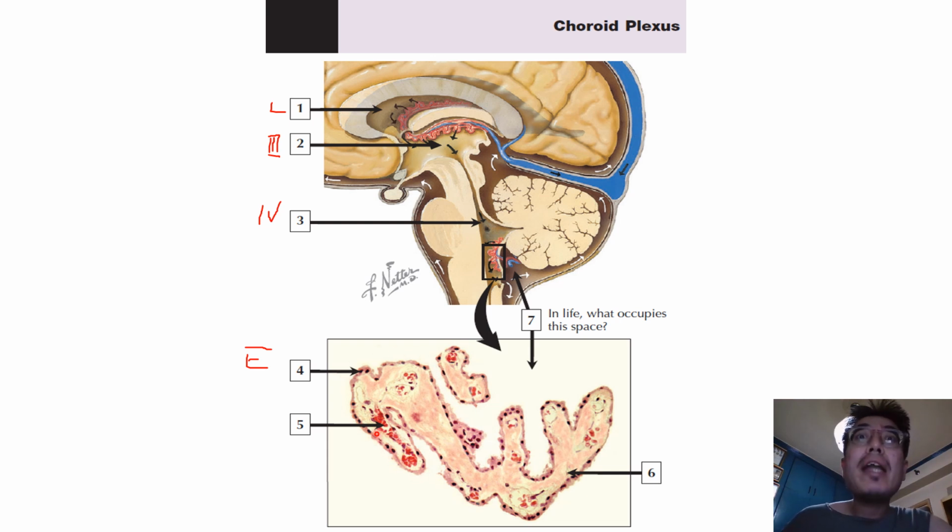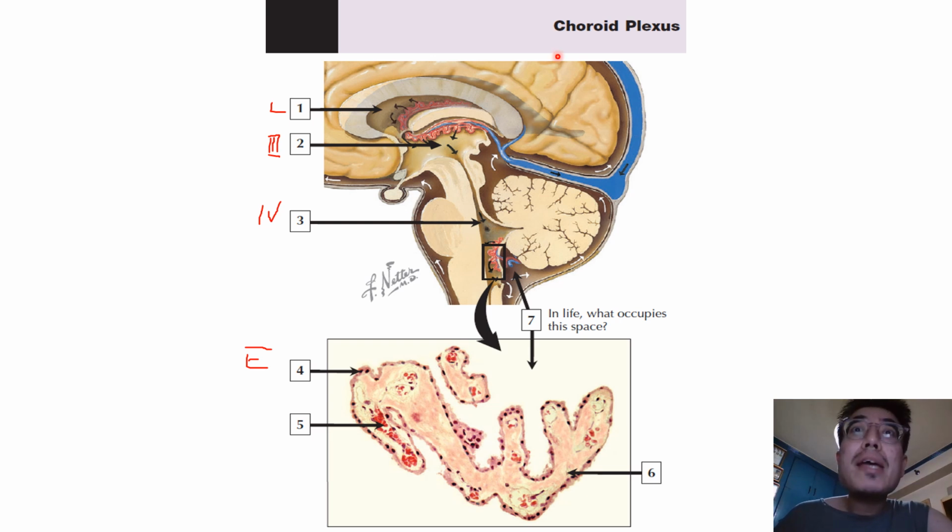The modified ependyma, shown here in the light micrograph, is labeled as number 4, and it is composed of simple cuboidal or low columnar epithelium. It is highly secretory and ion transporting. It rests on a thin basement membrane.